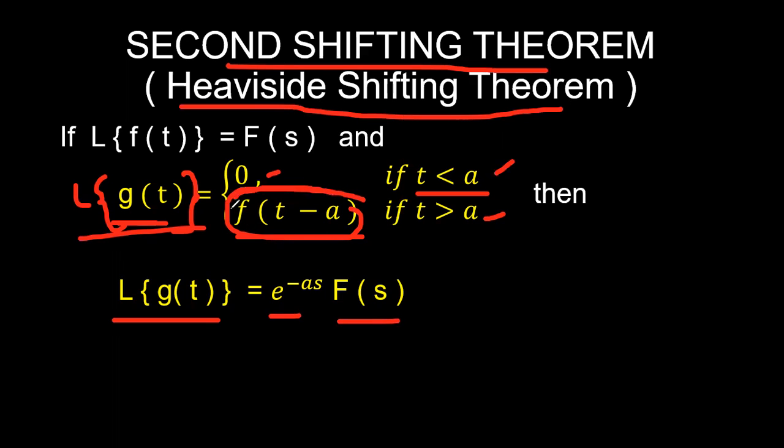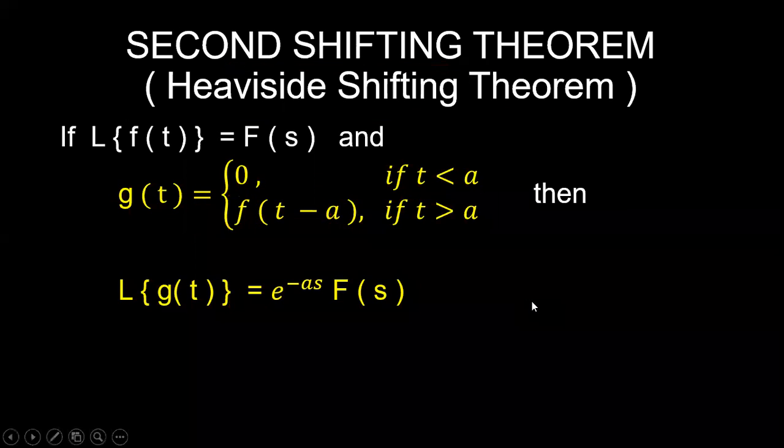So if you have a function of this form, then you can directly apply the equation, and after applying the Laplace transform for g of t, you will get e power minus as into f of s. This is about your second shifting theorem.